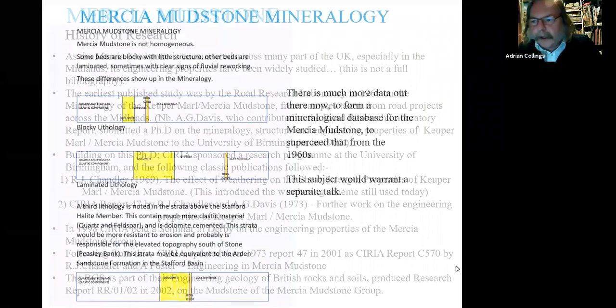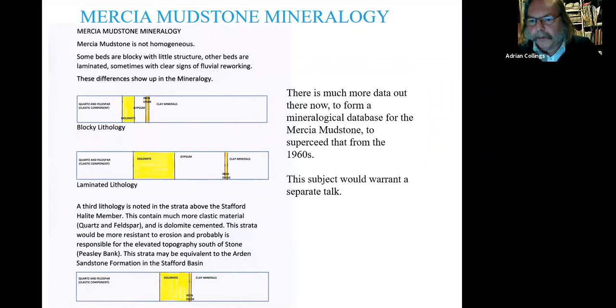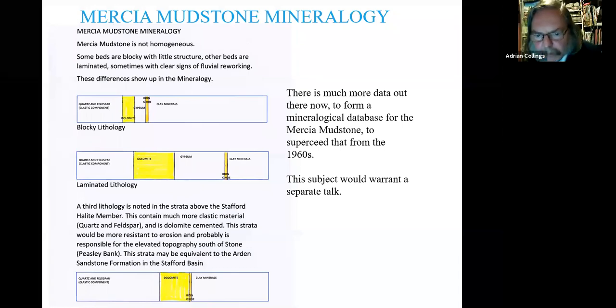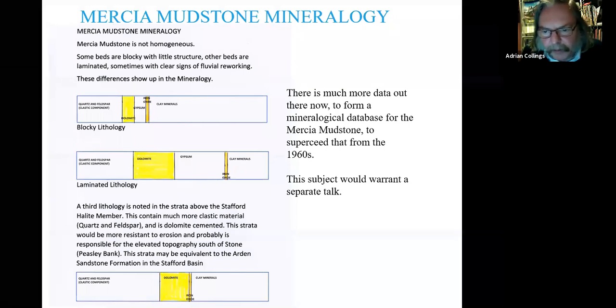The next section I wanted to talk about is the Mercia Mudstone mineralogy. The Mercia Mudstone is not homogeneous. Some beds are blocky with little structure. Other beds are laminated with clear signs of fluvial reworking. These differences show up in the mineralogy from XRD work.